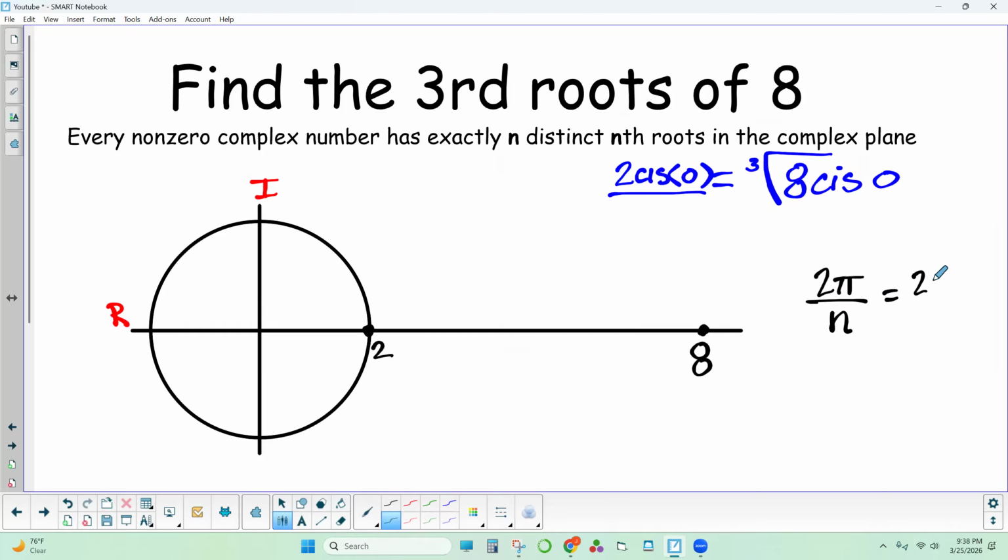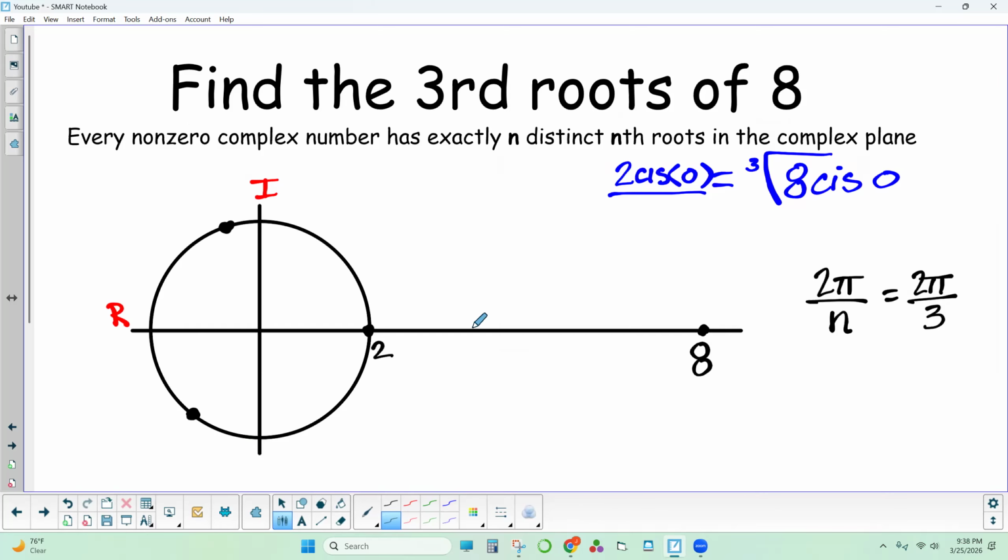So we get 2 pi over 3. And what that tells us is that 2 pi over 3 from our first angle, we will have another complex root. And then 2 pi over 3 from there, we will have a third and final complex root. So now we have our 3 evenly distributed roots.